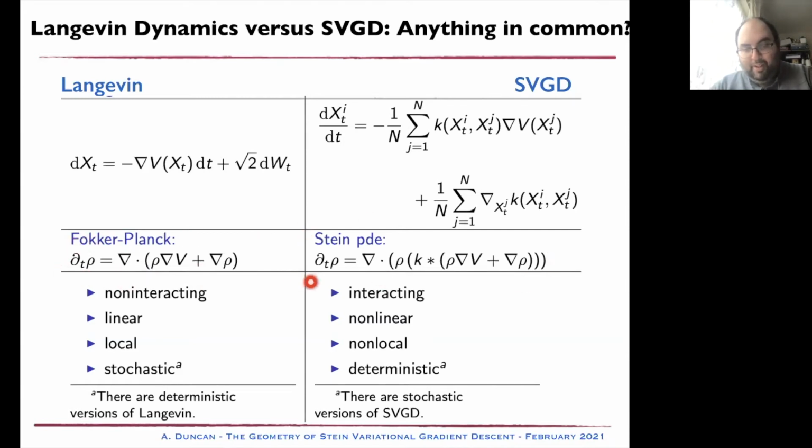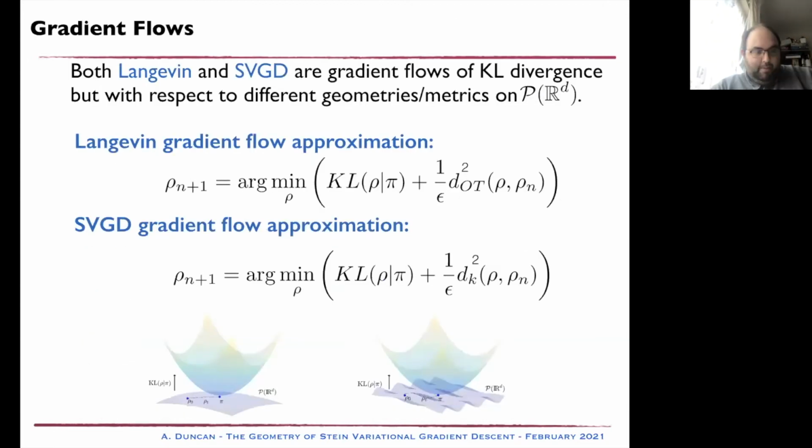The Stein case has that horrific thing that I showed before. So the question is, is there anything in common that I can use to study the rate of convergence of SVGD? And it turns out there is, because both Langevin and SVGD can be expressed in a very similar fashion: both can be expressed as gradient flows of a loss function, specifically KL divergence, but with respect to different geometries or metrics on the space of probabilities.